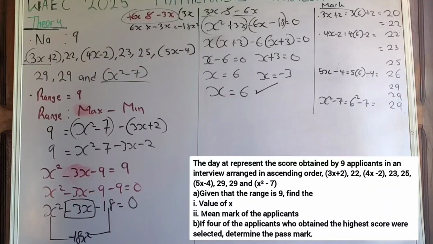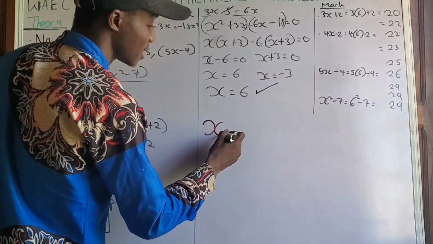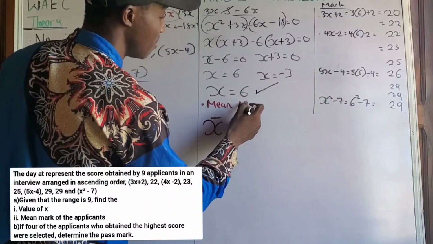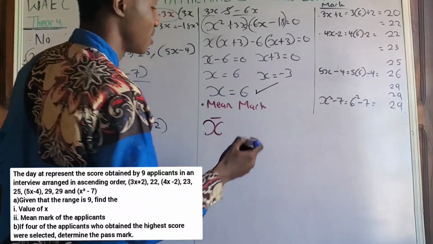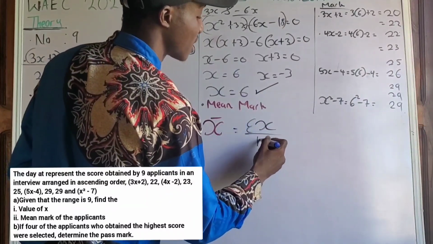The mean mark of the applicants now will be summation x. We have to sum all their marks together. Let's represent the mean mark as x bar. X bar will be summation x all over the total number of applicants.